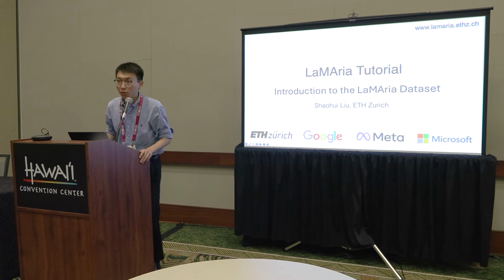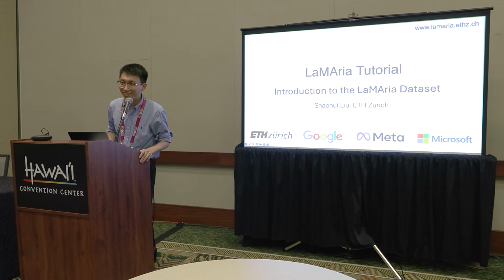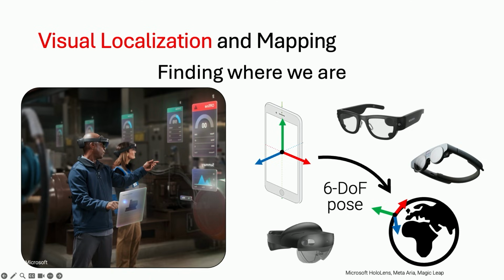For those who weren't in the last hour, I will first give a brief motivation following 3 amazing talks from Marc, Jakob, and David. We aim to solve the problem of visual localization, which refers to finding out where we are, and essentially for a visual image, it corresponds to solving where the picture was taken.